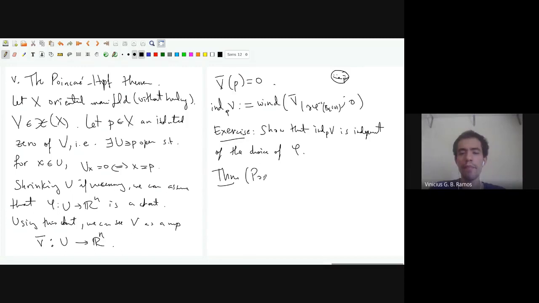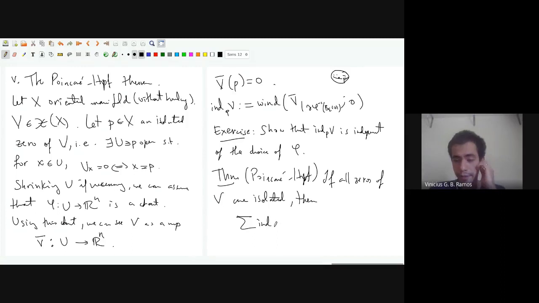But the Poincaré-Hopf theorem says in these conditions, so if all zeros of V are isolated, then the sum of the indices of all zeros is equal to the Euler characteristic of X. Well, let me write a better chi.